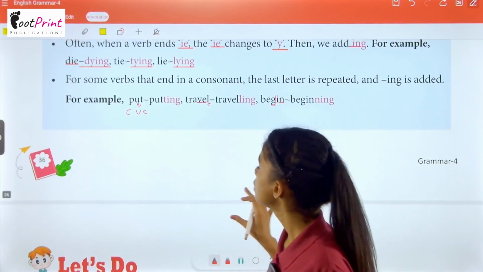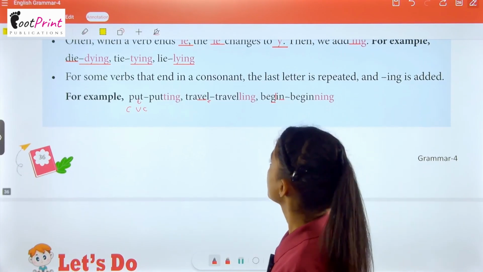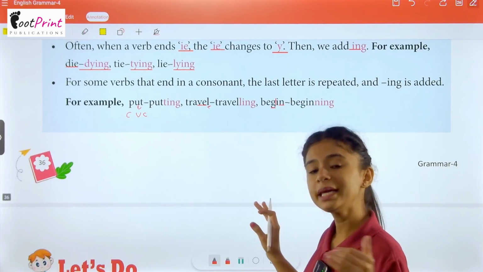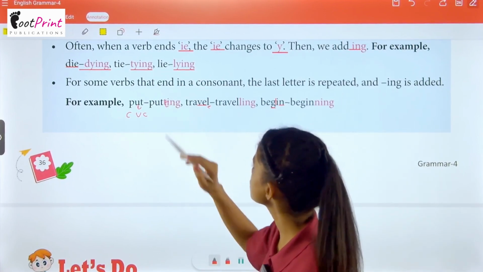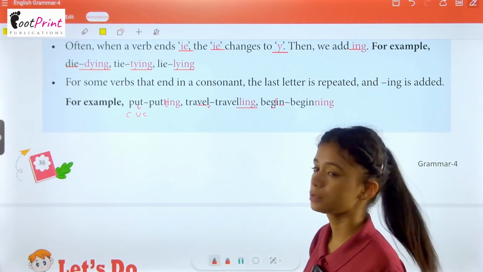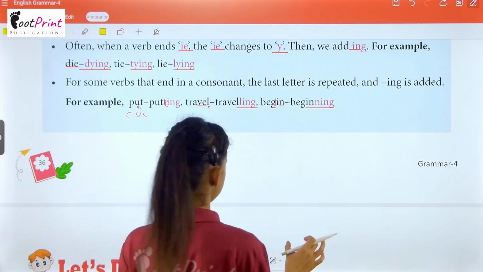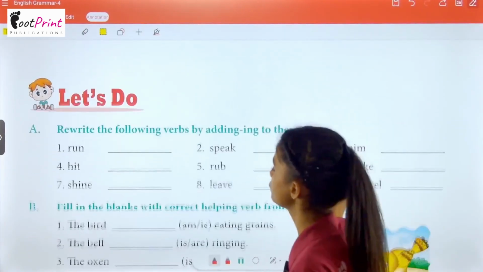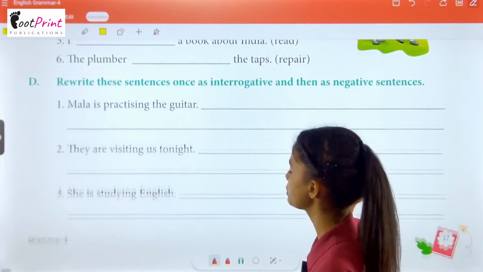So these words are called CVC words. Before putting ing at the end of them, we just repeat the last consonant. Put becomes putting. Travel becomes traveling. Double L. Begin becomes beginning. Double N.